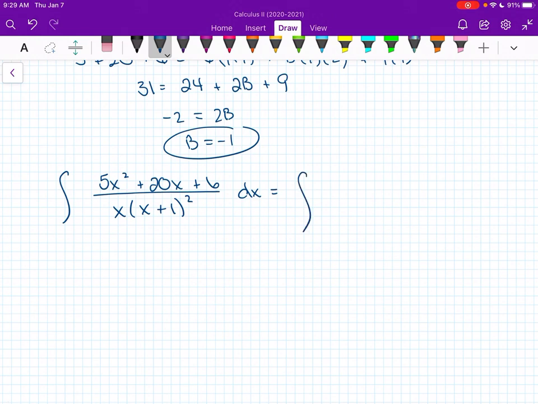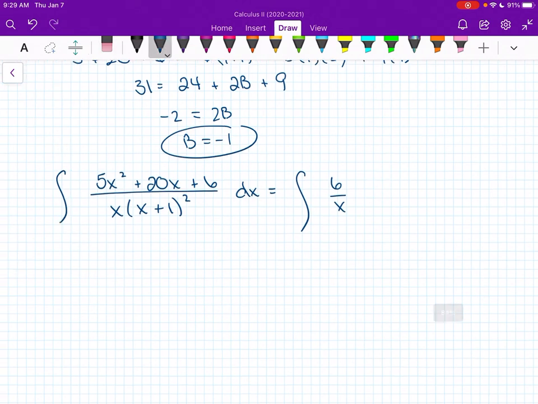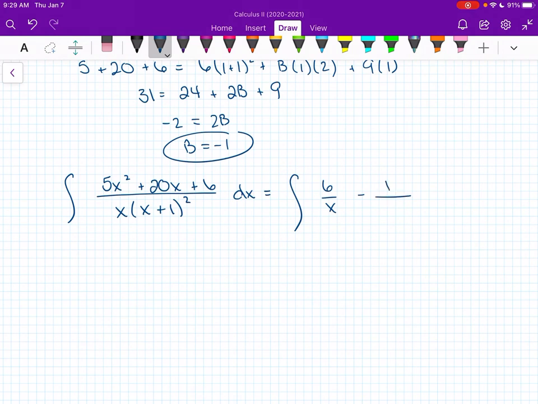The first one was a over x, so 6 over x, plus b over x plus 1, which was -1 over x plus 1, and then plus c, which was 9, over x plus 1 quantity squared dx.